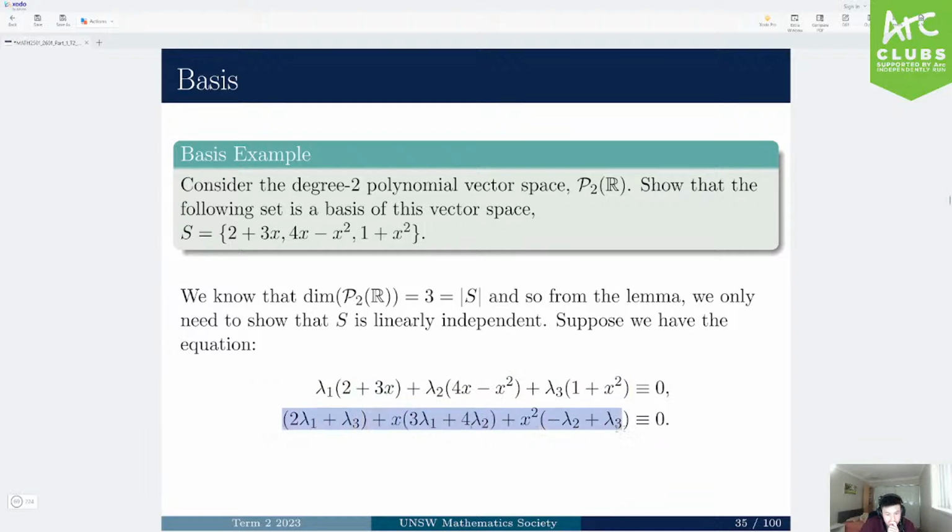In the next line, I've rearranged the equation and grouped up the constant term, the degree 1 term, and the degree 2 term. We want to find the values of lambda such that this is the 0 polynomial.